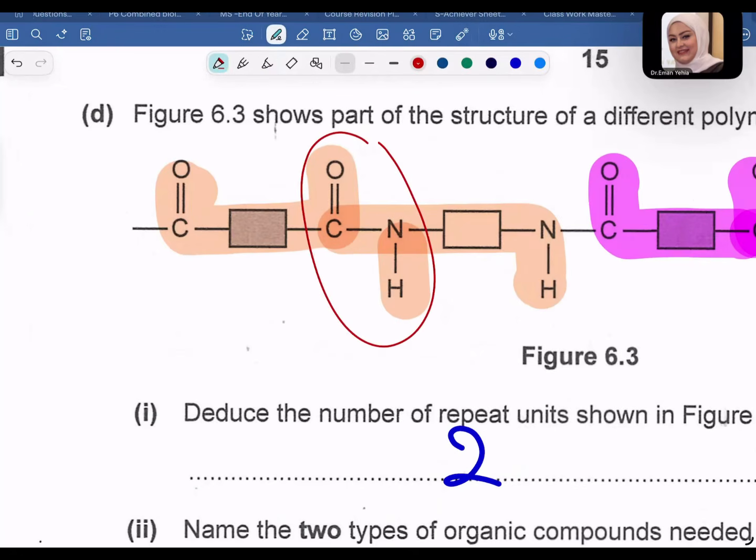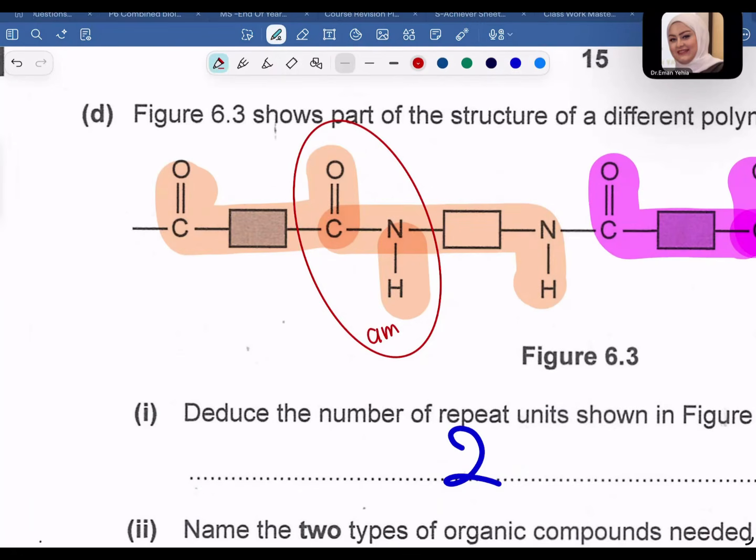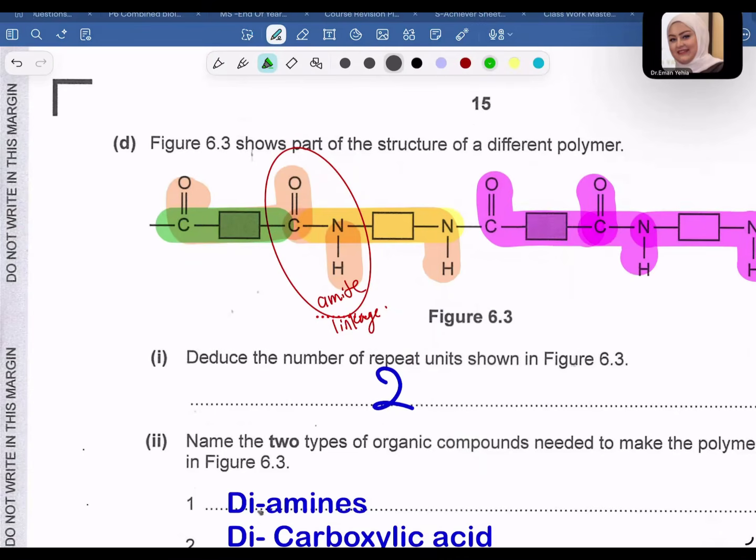This one is the linkage, which is the amide linkage. The right side will be one amino acid, the left side a second amino acid. So we have 2 repeat units here. This one is the first repeat unit, and this the second repeat unit.